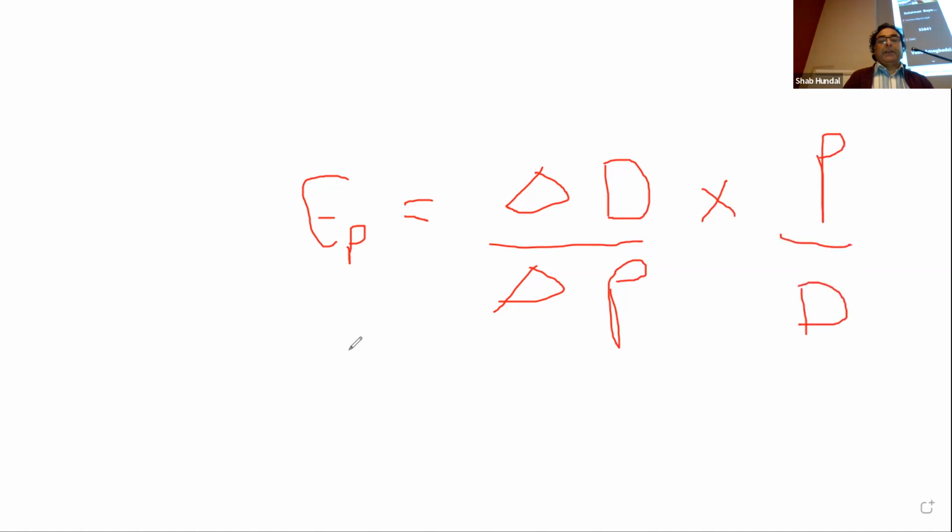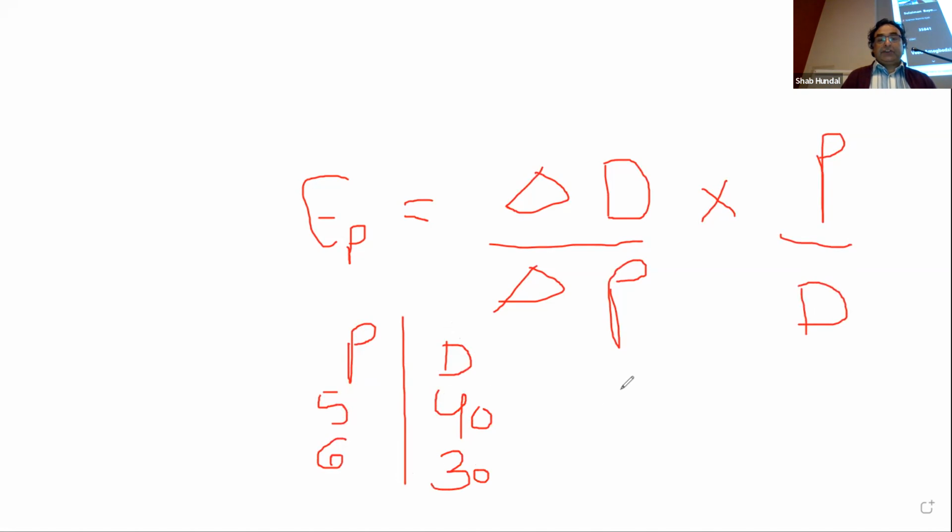So basically, if we have price and demand, and if the price jumps from 5 to 6, and the demand falls according to the law of demand, from 40 to 30. In this case, the change in demand is -10, because the original demand was 40 and it went down to 30.